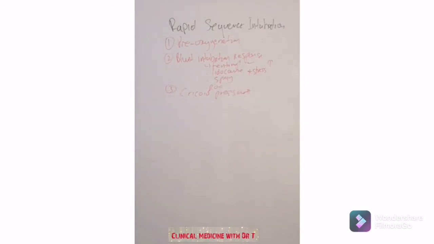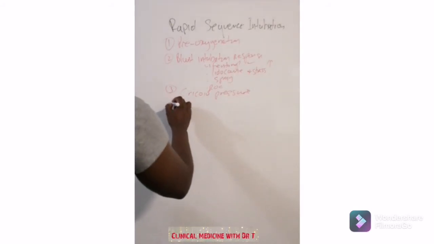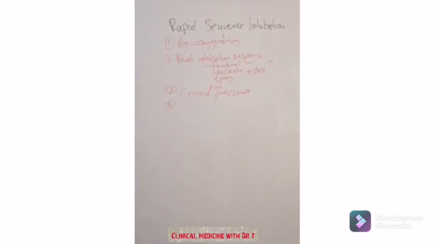We are gonna talk about cricoid pressure, right? The issue of cricoid pressure, I don't know if I did explain it in part 1, I can't remember. But I'm going to explain it now, why it's done and how and what's the thinking behind it.